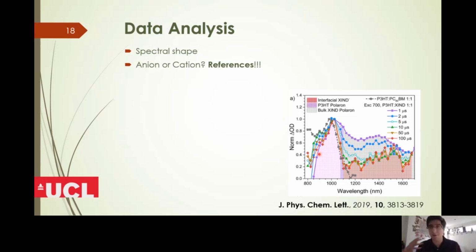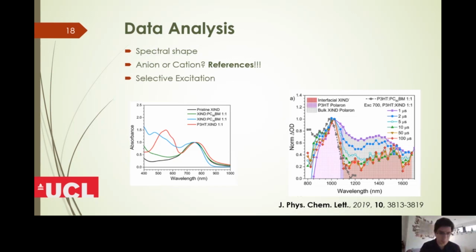So we have a positive species, and we have to have a negative species. As this species has the same kinetics as the positive species, they concluded that this is the negative polaron of this XND material.